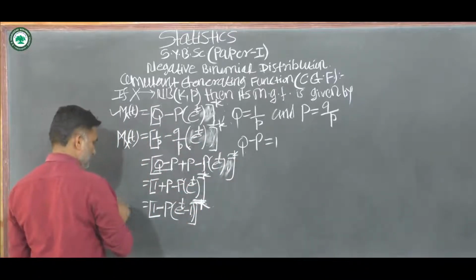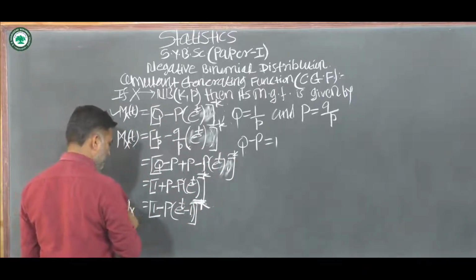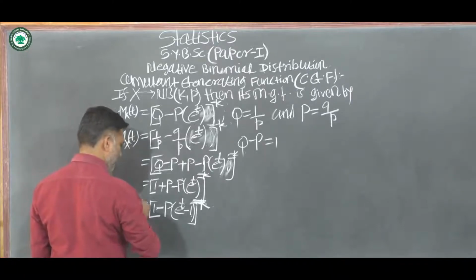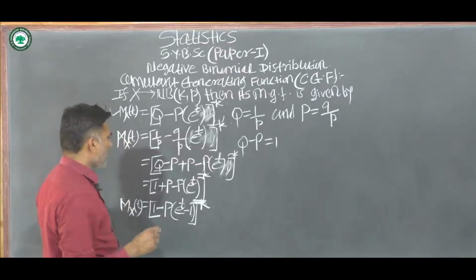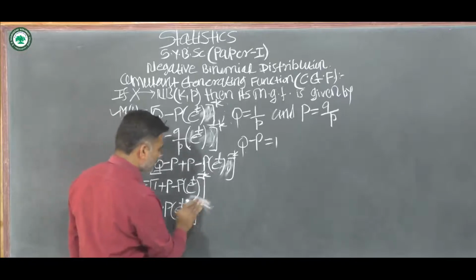Now this is the moment generating function of the negative binomial distribution.